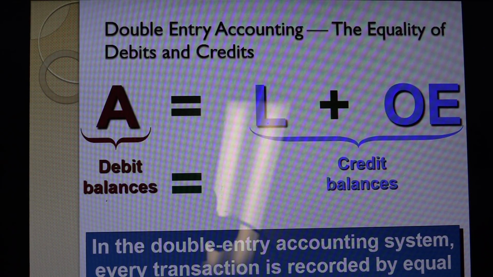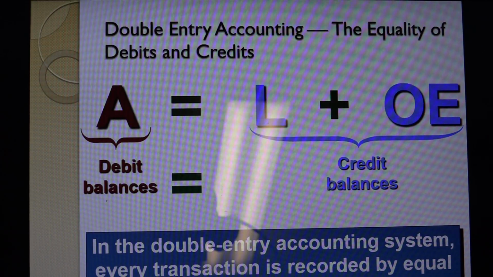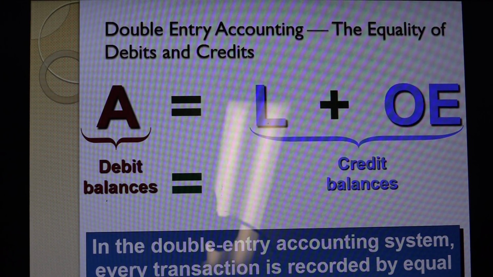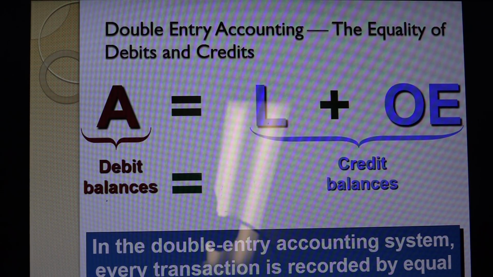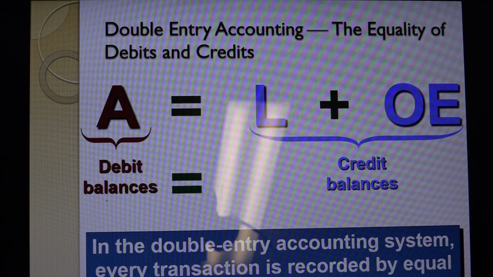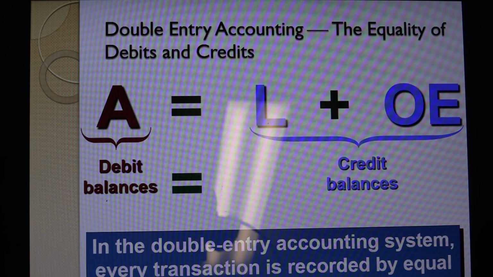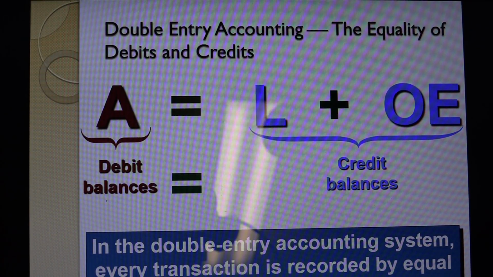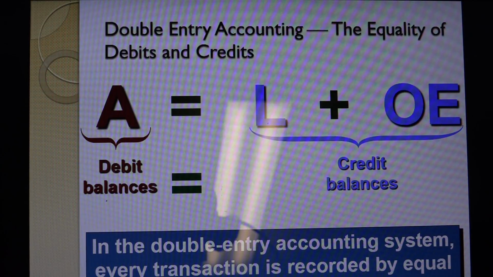And so that gets us into this idea of the double entry accounting system, which basically means that every transaction is recorded by equal dollar amounts of debits and credits. Now, does it mean only two accounts might be affected? No, there might be more than two accounts affected by a particular entry into the accounting system. But regardless, debits and credits have to equal each other.